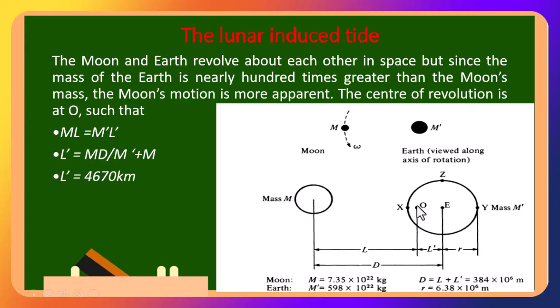Then we have ML = M'L'. M' is earth, M is moon, L is the distance from the center to the moon, and the total distance is L plus L', which is also the distance of the attractive force between the earth and the moon.